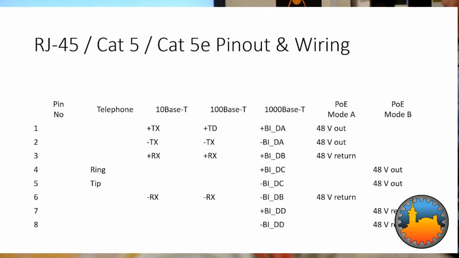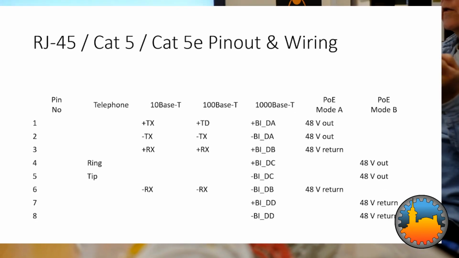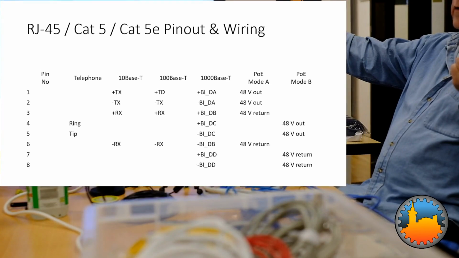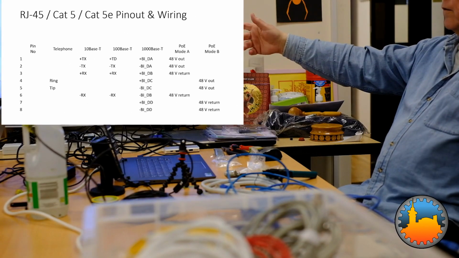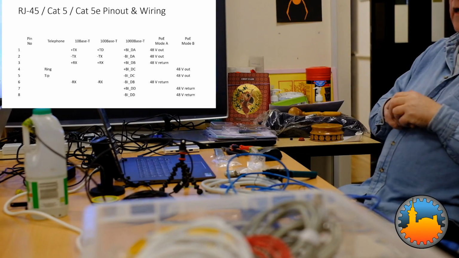And then the other mode that it could operate in is what's called power over Ethernet. This is quite an interesting thing to know about for us, because we might want to use this to drive a Raspberry Pi somewhere at the other end of the building, but we don't want to have to plug it in separately.